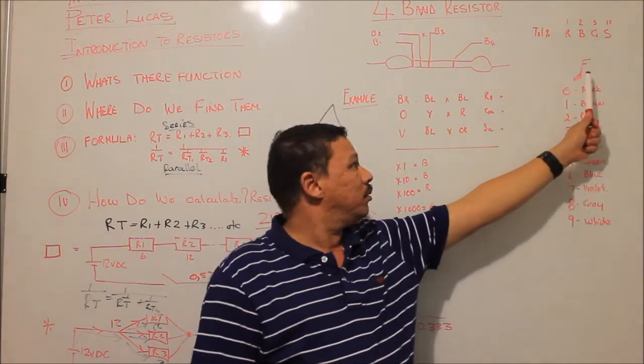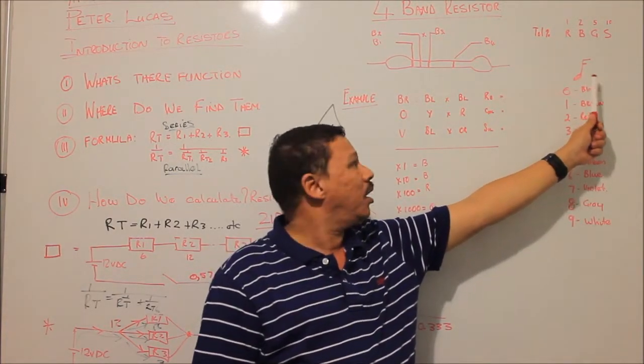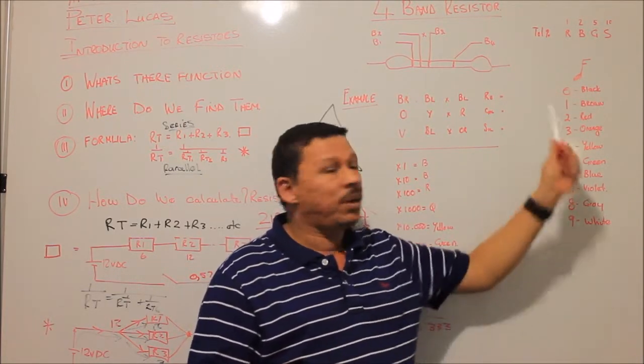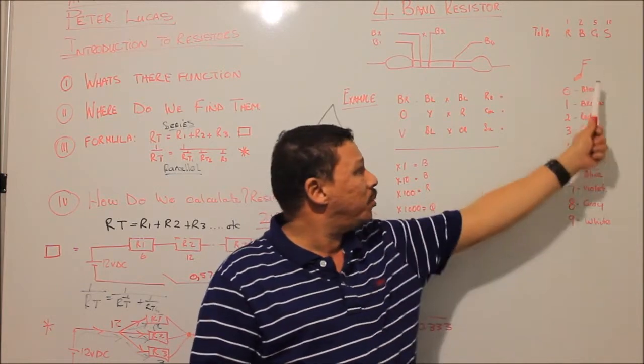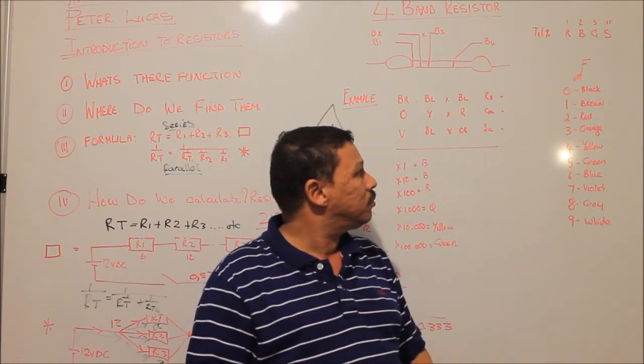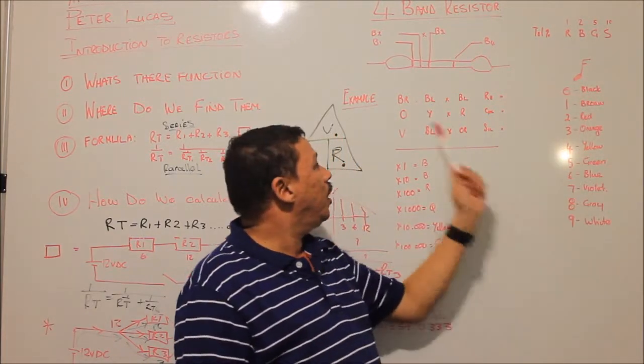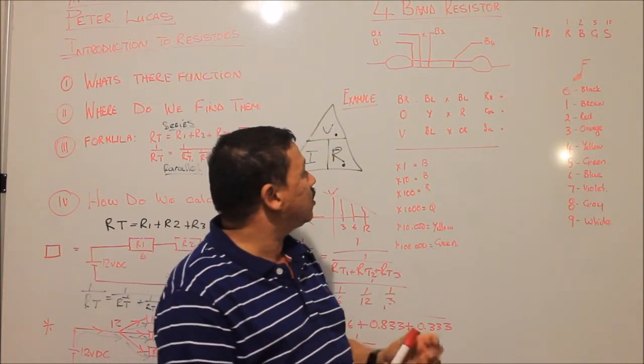What students have done in the past, they have used a little rhyme and memorized it to remember these color codes. But for now, we have written it down for you, and let's look at the value of this resistor.